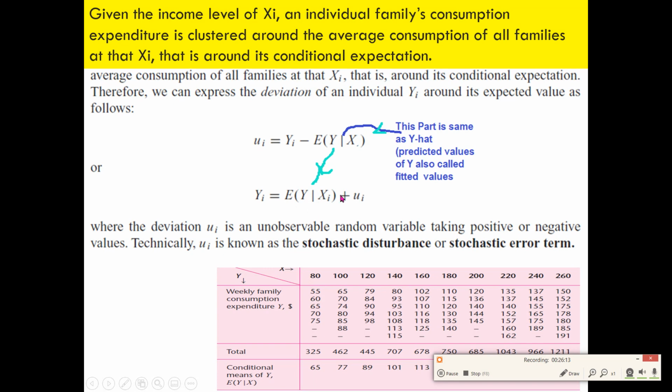Or it may even be called the unexplained part, because this is the unexplained variation in consumption, right? Okay, so some of the books call this conditional expectation y hat, right? Y hat means simply the predicted value of y, or predicted value of consumption for a given value of income.